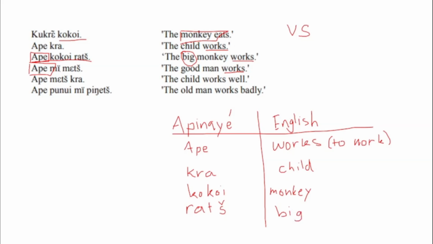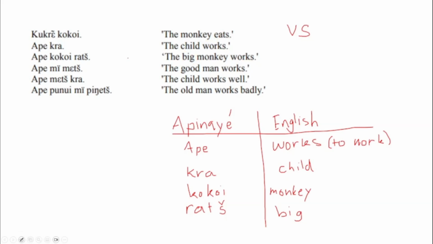Okay. Next we have, oh, and then from here, right, we can figure out that, let me just erase all this stuff. I think it's getting a little too crowded.